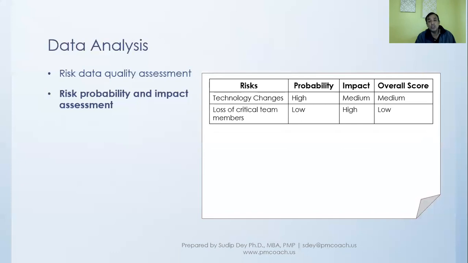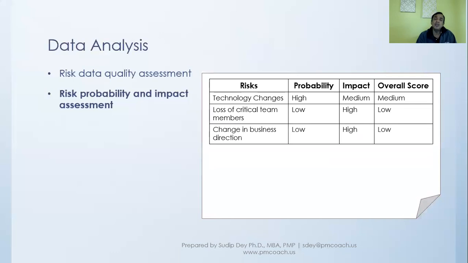For example, loss of critical team members: the probability is low because we take good care of our people, and so people generally will not leave the project. But if a critical team member leaves, the impact is very high. And then we decide, because the probability is low, the overall score is low.